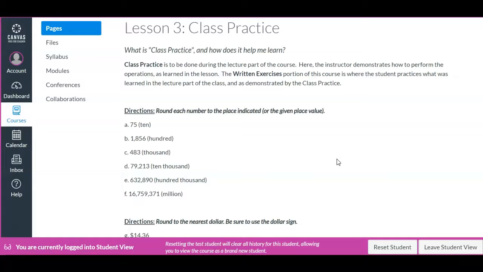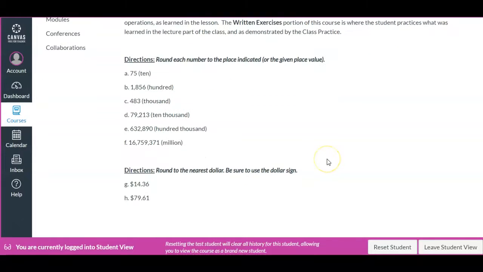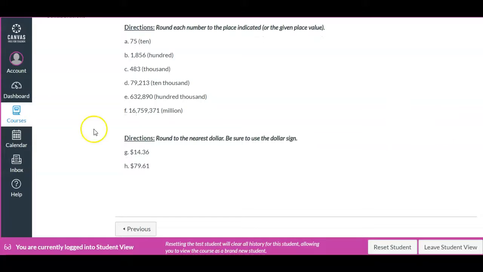Now, the written exercises, as opposed to class practice, are the portion of the course where the student practices what was learned in the lecture part of the class and as demonstrated by the class practice. So let's get to practicing. First, let's move this where we can see it.